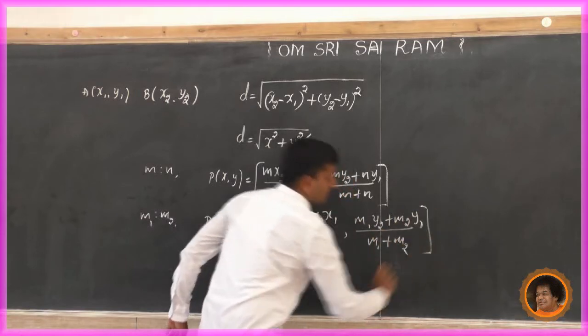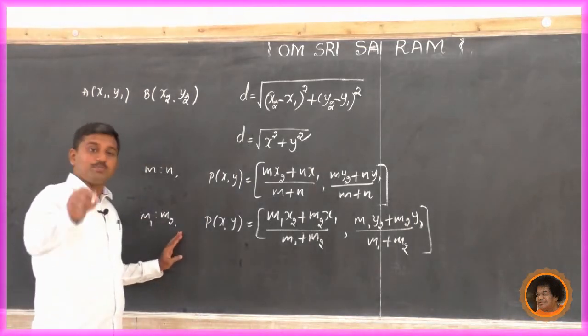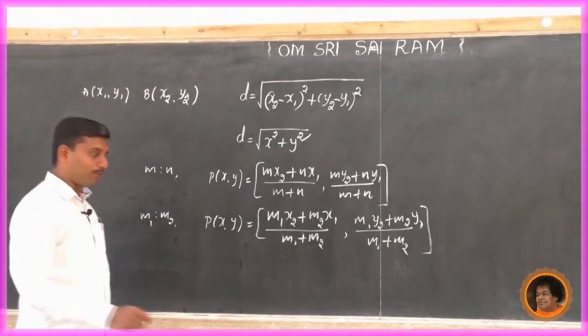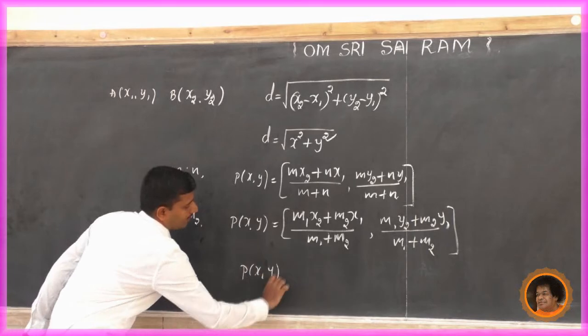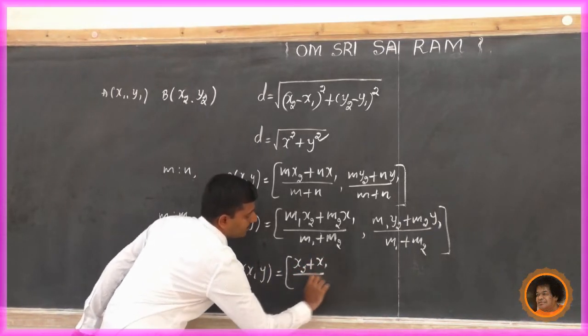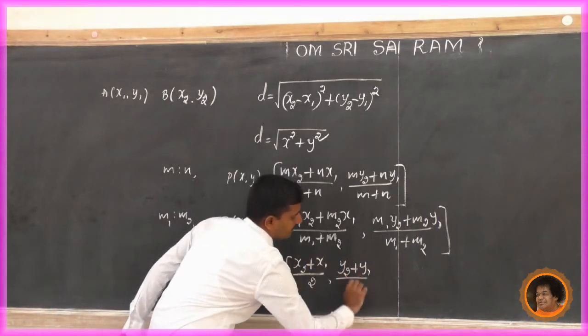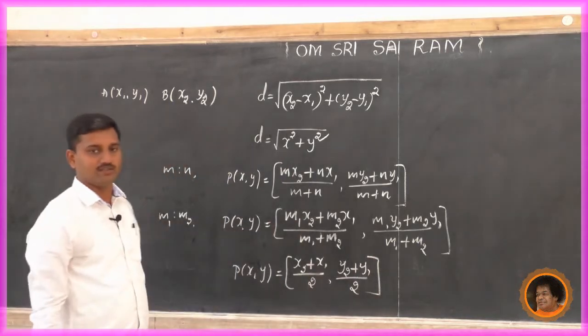This formula is known as the section formula. If the point P divides the line segment equally, P is the midpoint. So the coordinates of the midpoint P of x comma y equal x2 plus x1 divided by 2 and y2 plus y1 divided by 2. This formula is known as the midpoint formula.